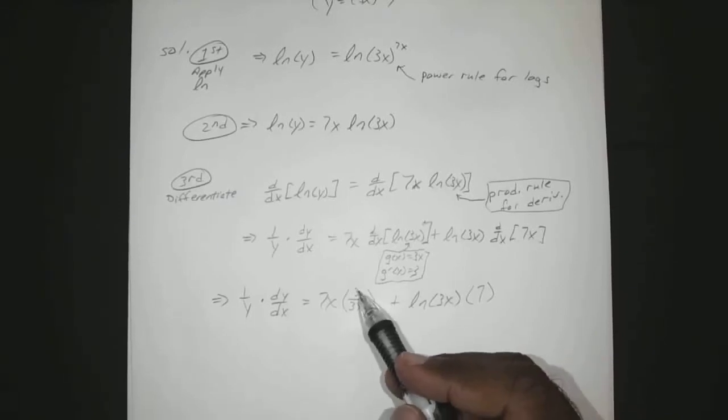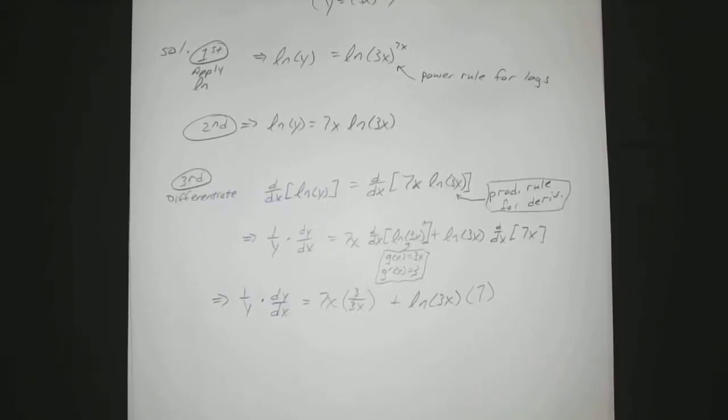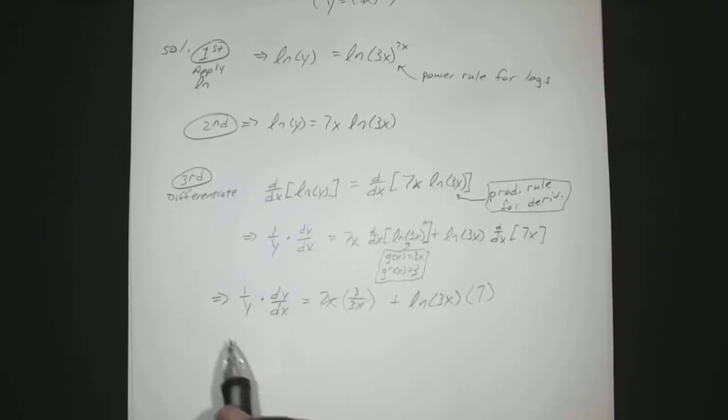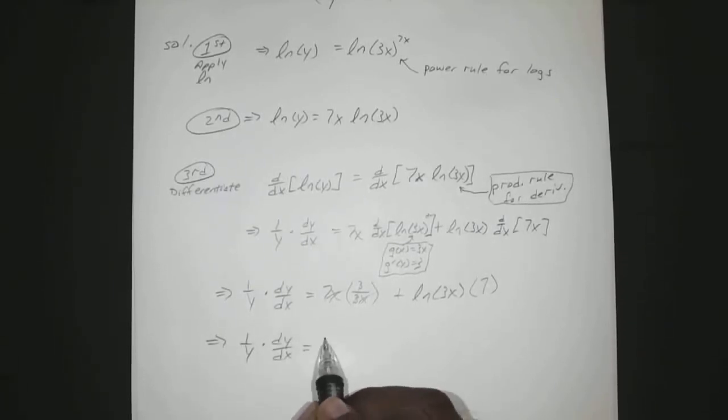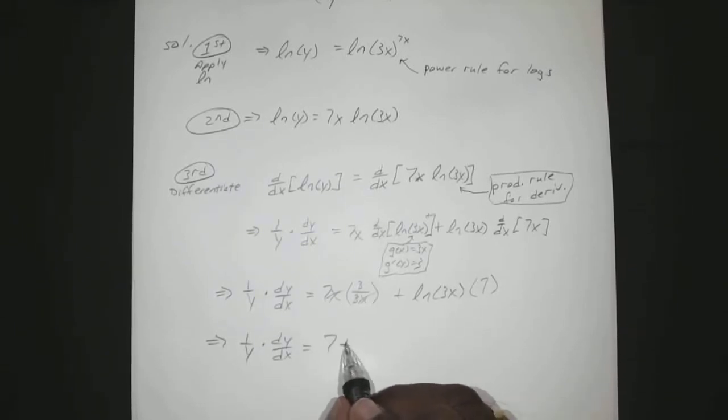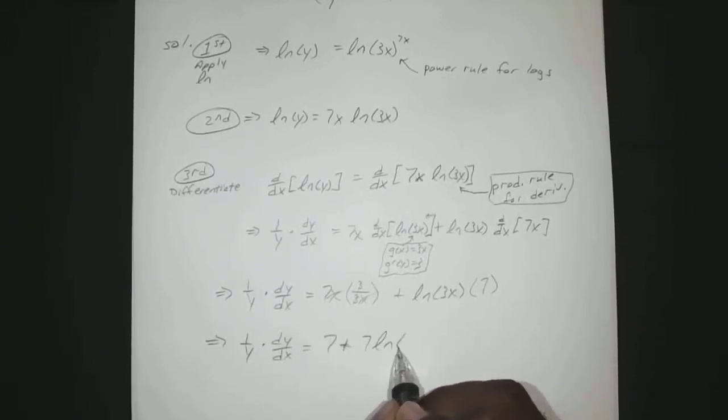Okay, so here the 3's actually cancel out, and also those two x's cancel out. So there you're left with just 7. So 1 over y times dy dx is equal to 7 plus 7 times the natural log of 3x.